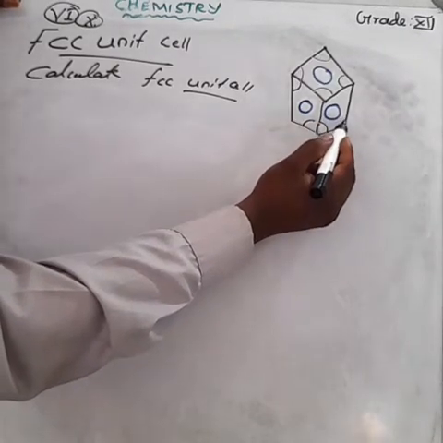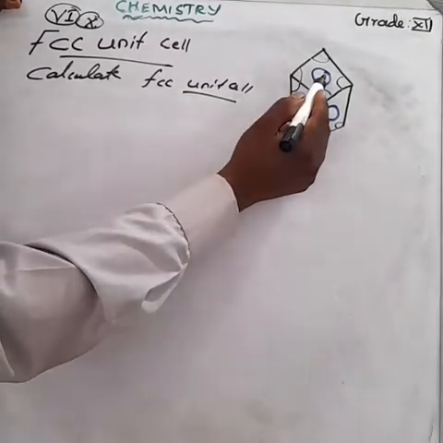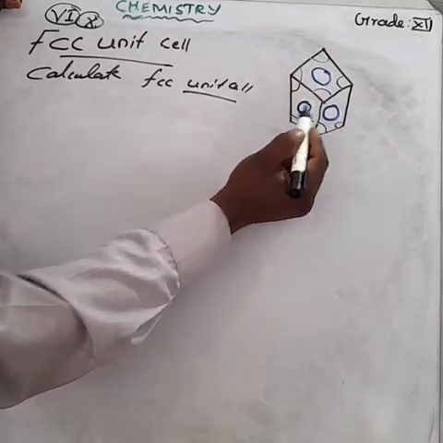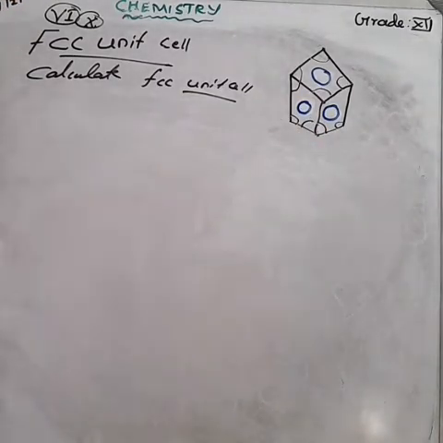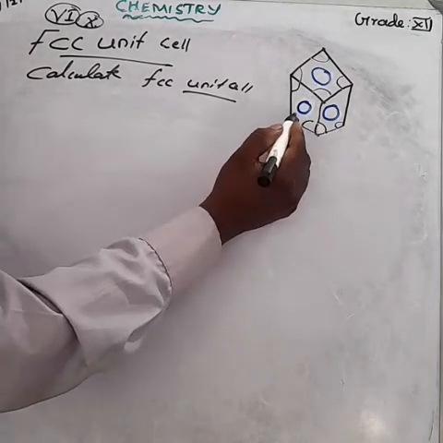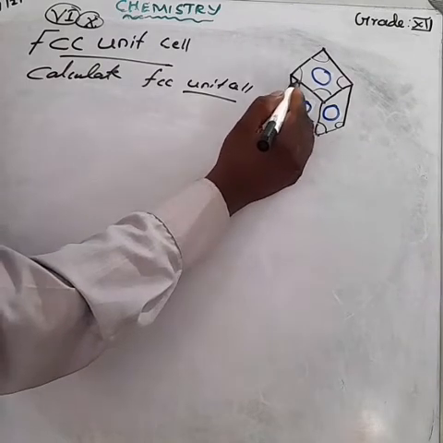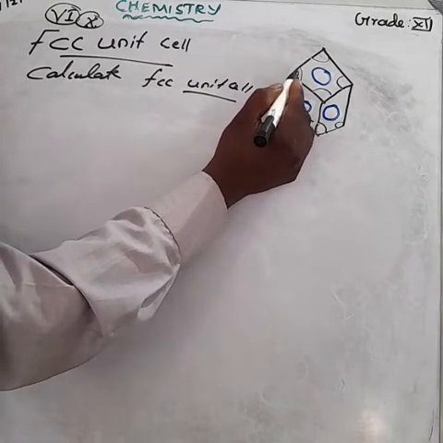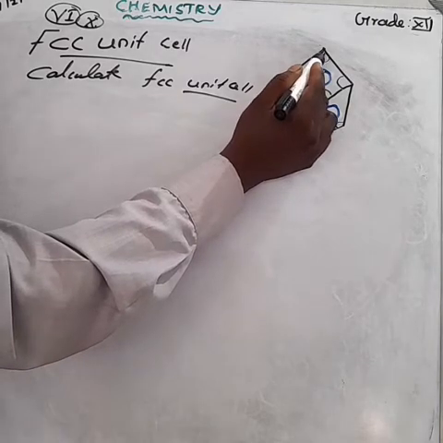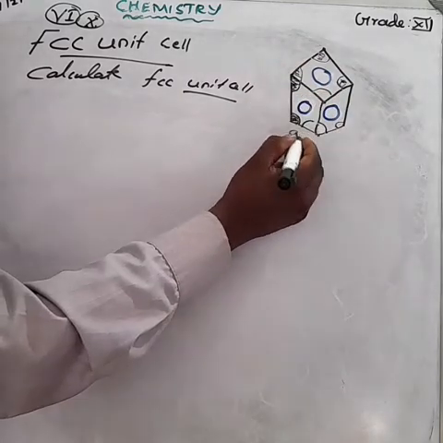I am giving the three sides: center, center, and above center also. Three spheres, am I right? Then the corners. And this is a cube, am I right? So length, breadth, height, everything is a.